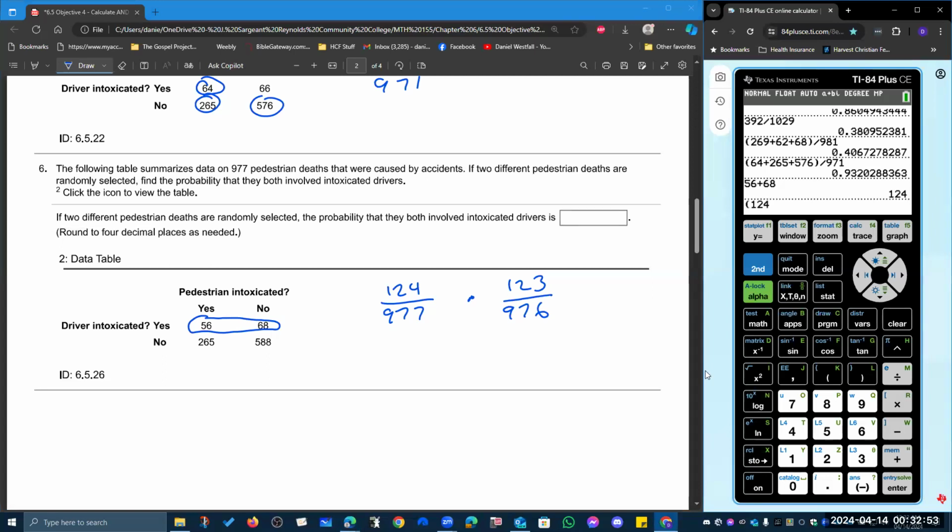So 124 over 977 times 123 over 976 is 0.0160.